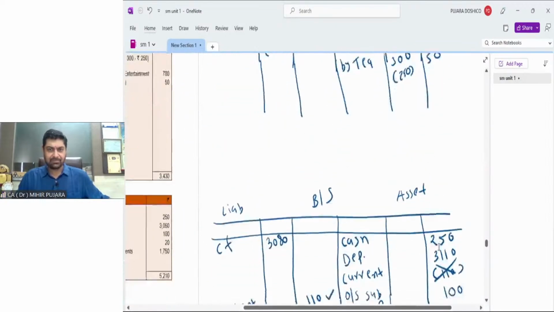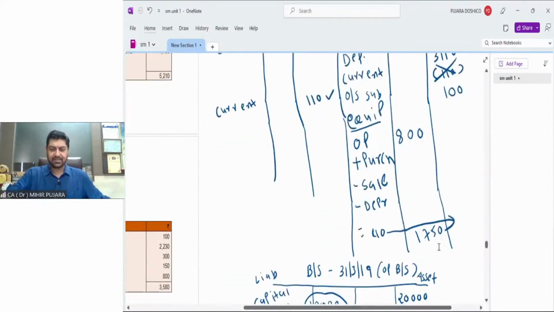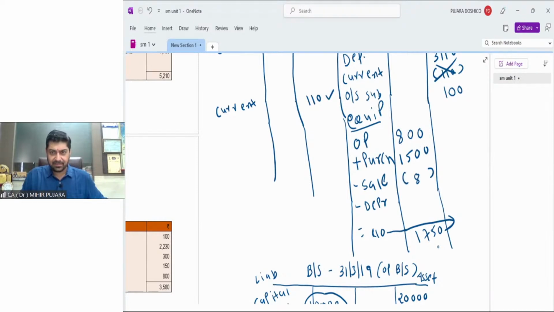This is an important point, friends. 1500 and 80. Now, closing balance is 1750.